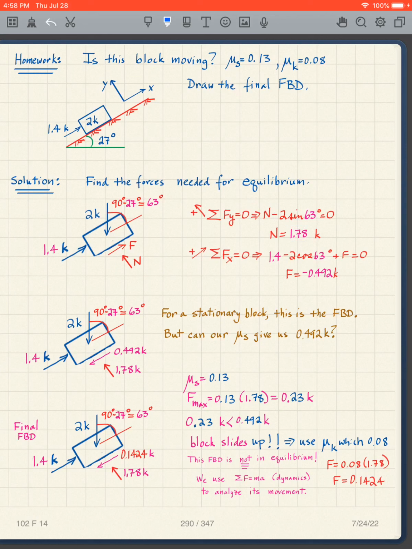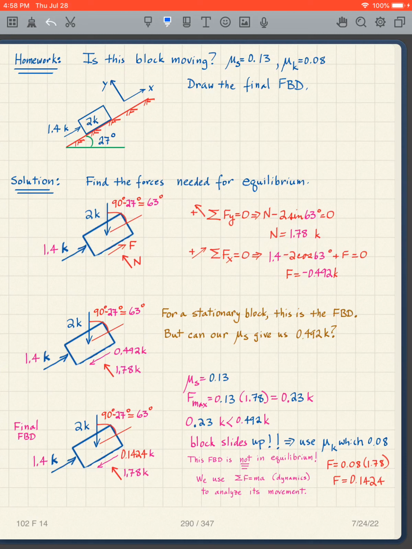Take the sum in the x direction. I've got that, and the x component of that. So I have 1.4 minus 2 cosine 63 plus the F. I've shown it there, but it doesn't matter which direction we show it at this point. Again, I get negative 0.492, which means what? It's going the other direction. Well, what does that tell us?